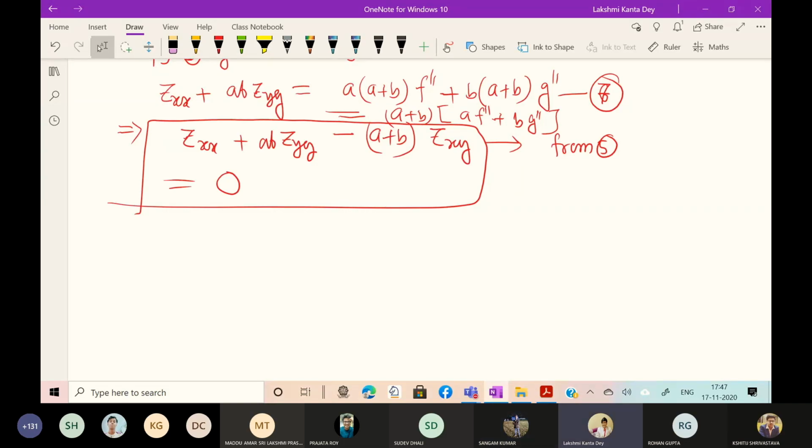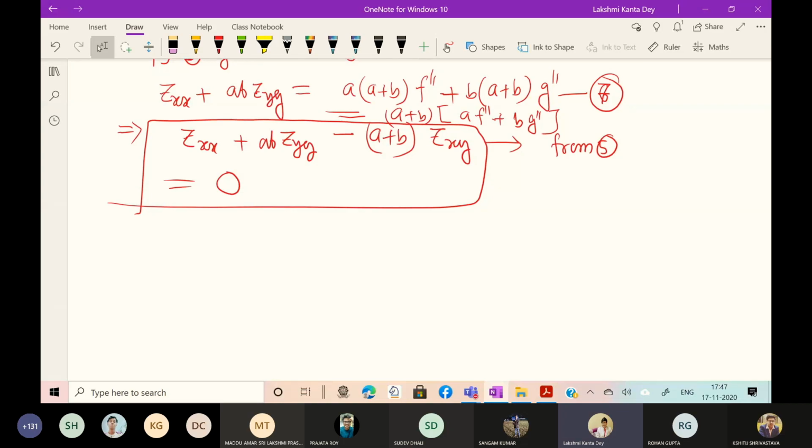Whenever a system of equations is connected by more than one arbitrary function, then definitely we have to go for second or higher order partial differentiation, and the ultimate differential equation will be of order greater than 1.